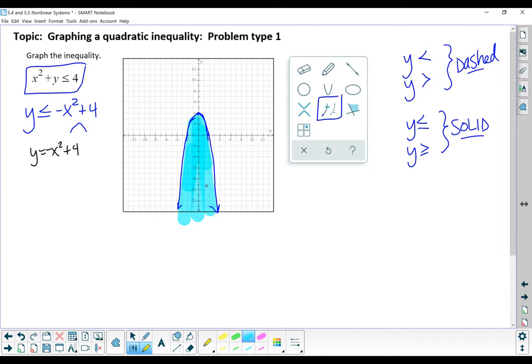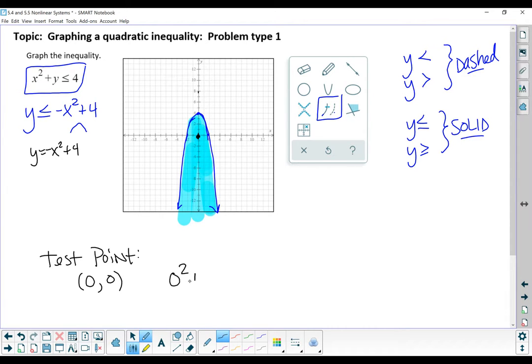Another way that you can decide which region is your solution region is to use a test point. You would test either up here above the parabola somewhere, or inside, to see which one works. I might pick the origin as my test point if you like doing it this way, and you would just substitute those values into the inequality and see if it's true.